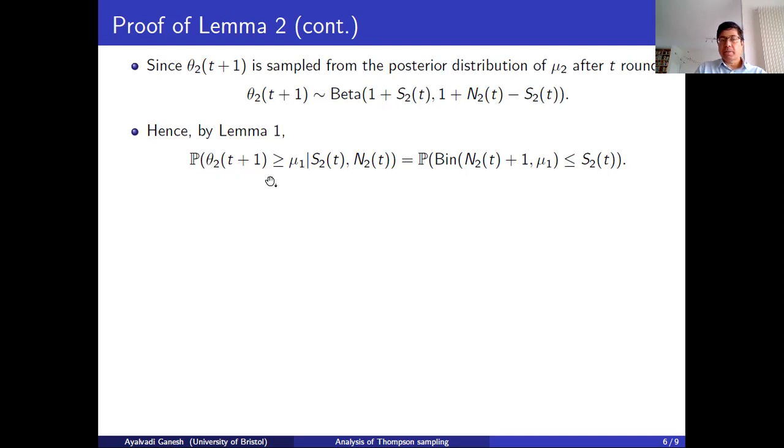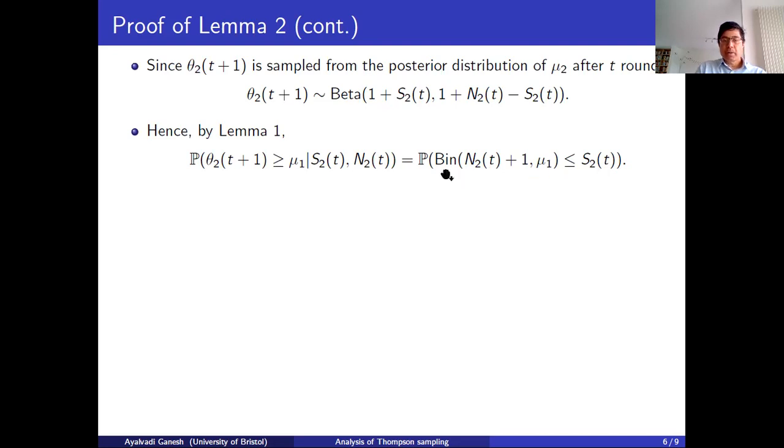And we are interested in the probability that this sample is bigger than mu1. And that's exactly the same as the probability that a binomial distribution with parameters, where the number of trials in the binomial is the sum of these two parameters plus 1, and that's what we have here, and the success probability is this quantity mu1 that we are interested in.